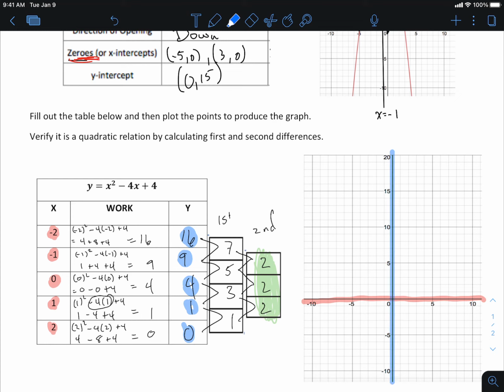Okay? So you're going to have a red piece and a blue piece, and you're just going to go plot these points. Negative 2, 16 is right here. Negative 1 and 9 is right here. 0 and 4 is there. 1 and 1. And 2 and 0.